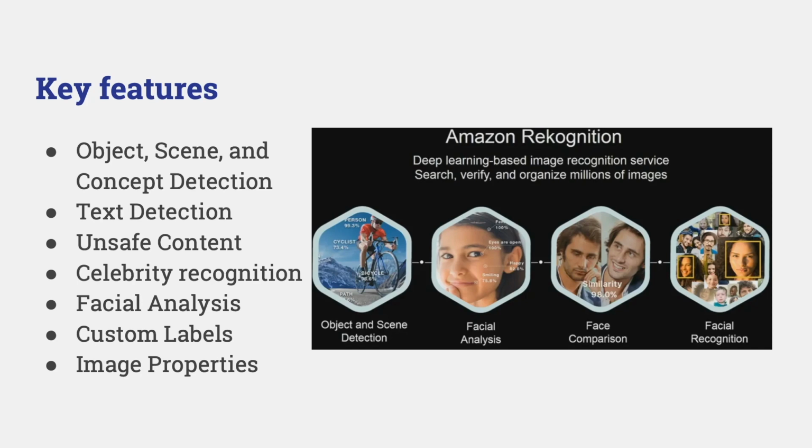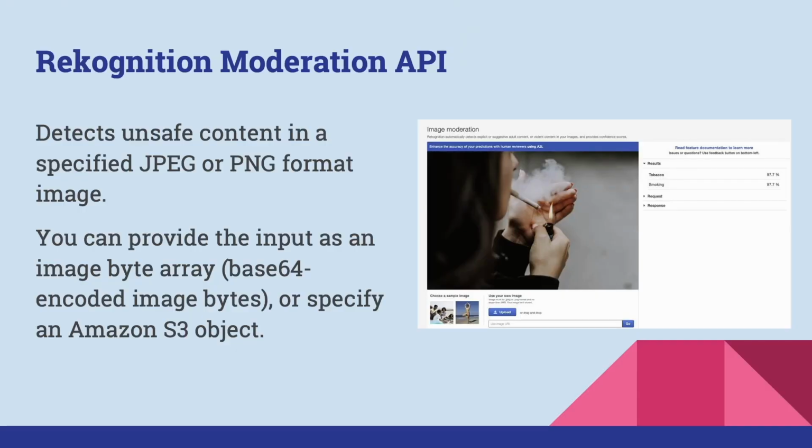You can add features to your application that can detect objects, text, and unsafe content. You can recognize celebrities, you can compare faces, you can even find specific properties in images. And how do you do that? This is the best part. It's really easy. You just need to consume our API and quickly analyze any image or video stored in an S3 bucket.